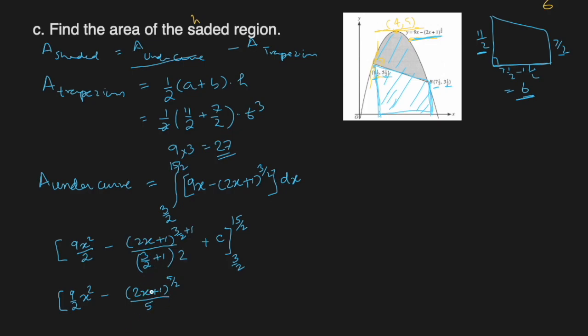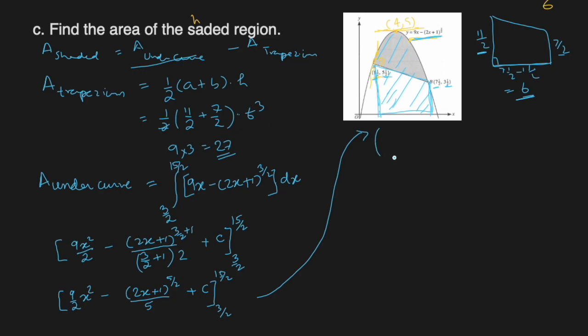Okay, 5/2 times 2 will be just 5, nothing else, plus c. And now we will substitute 15/2 and 3/2 in this and we'll get it.